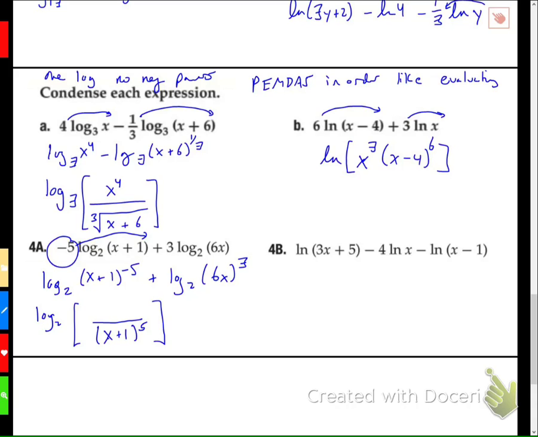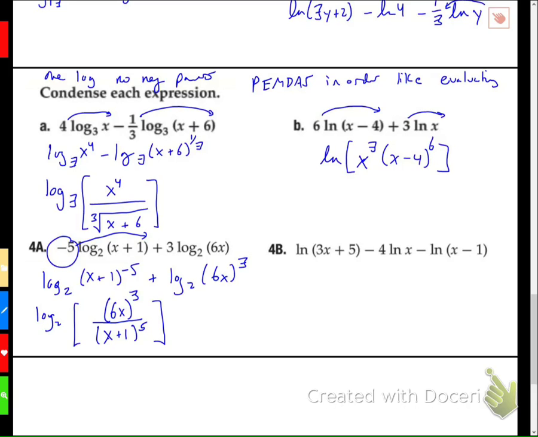Okay, and then the other one, I need that parentheses to stay on there. 6x cubed needs to keep its parentheses unless I want to raise 6 to the 3rd power as well and get 216. So 216x cubed is fine, 6x all cubed is fine, but 6x cubed, just 6 times x cubed, is not fine. The 6 also gets the 3rd power on it as well.